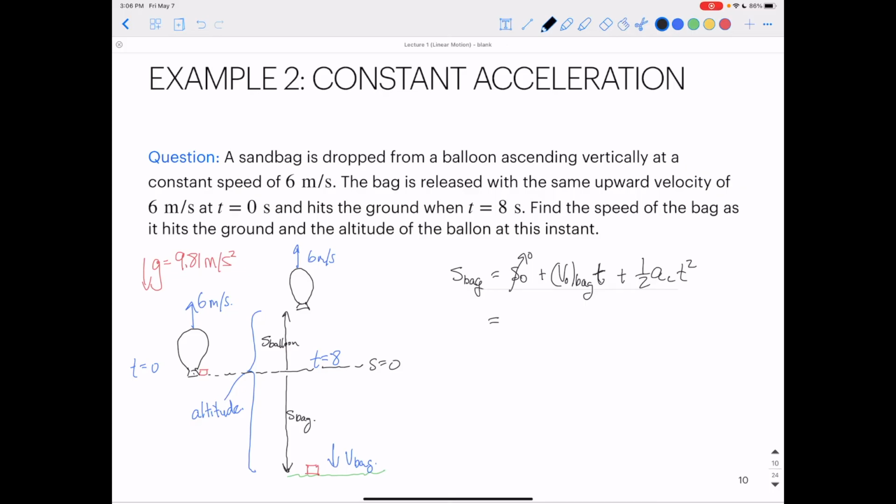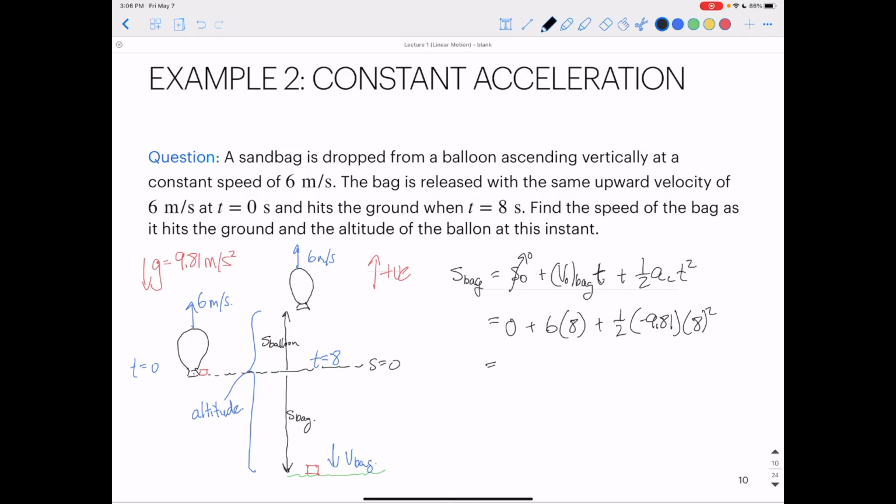The initial velocity of the bag is the same as the balloon when it's released, and that's upwards 6 meters per second. Let's assume the upwards direction is positive. So 0 is our s0, our initial velocity is 6 meters per second, the amount of time that goes by is 8 seconds, plus 1/2 times our acceleration, 9.81 meters per second squared acting downwards, so that's negative 9.81, and again our time is 8 seconds.